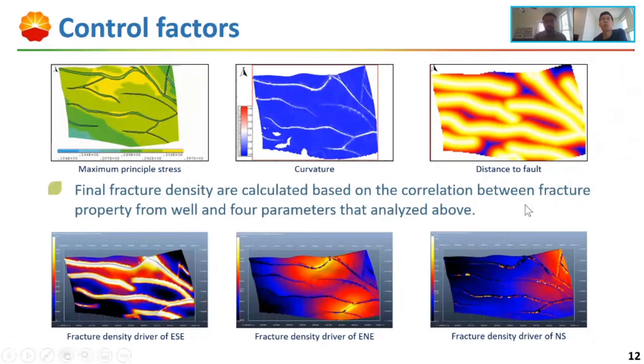We also have distance to the faults. And when we combine all these elements, for instance, the east-southeast fracture set in the bottom left part, you can tell it has a strong control from the distance to the fault plus the maximum principal stress.